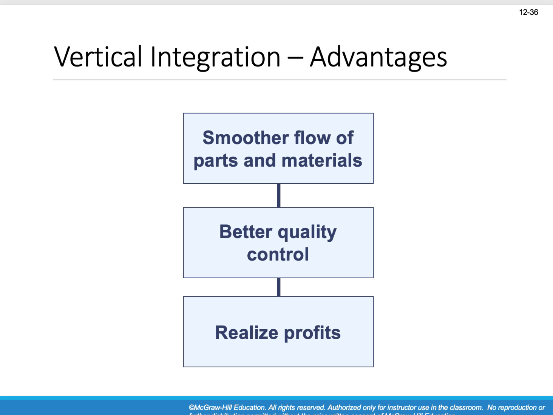If we make some of those components in-house, we have a better flow of parts and materials. Now if HP could make processors for their own computers cheaper than what they buy them for from Intel, then they're going to realize a profit. So vertical integration does have its advantages.